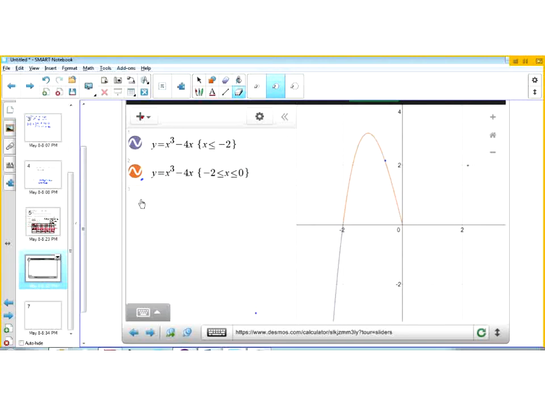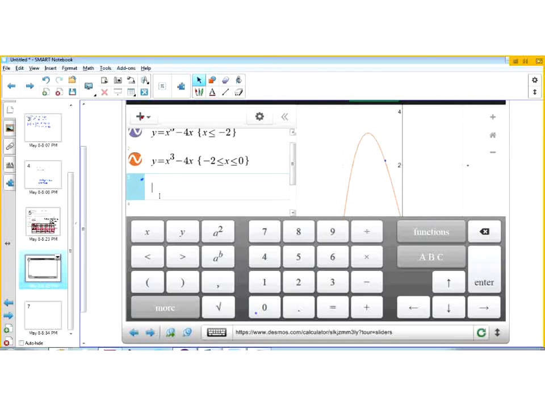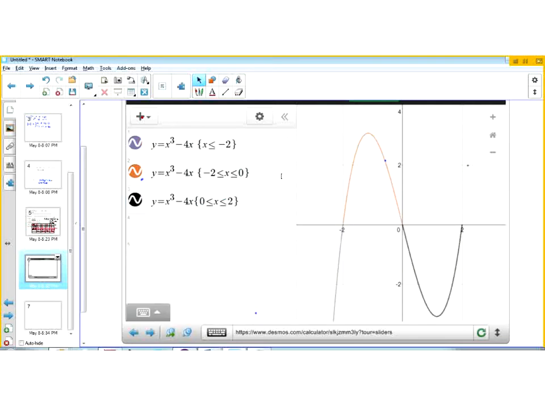Okay, so let's continue on with our graphing. Go back to cursor. So let's sketch the graph y is equal to x cubed minus 4x for x between 0 and 2. And we would anticipate that that would be below the x-axis. Let's see if that is in fact the case. So yes, as guaranteed, right here it's drawn in black.